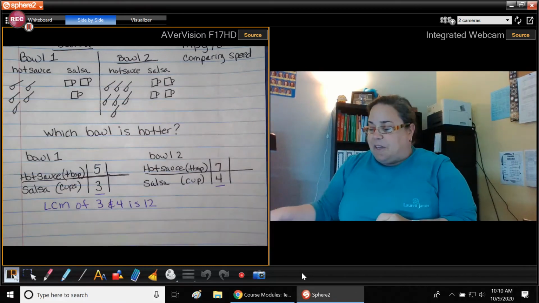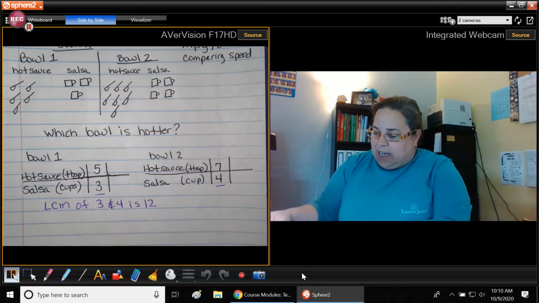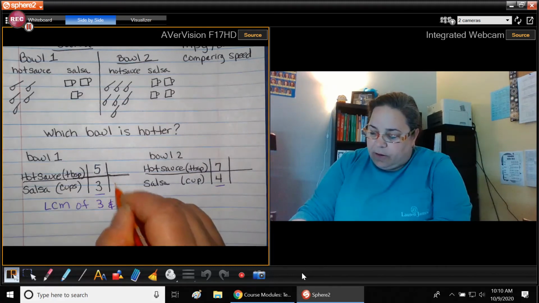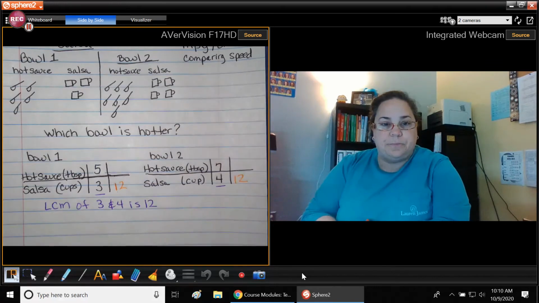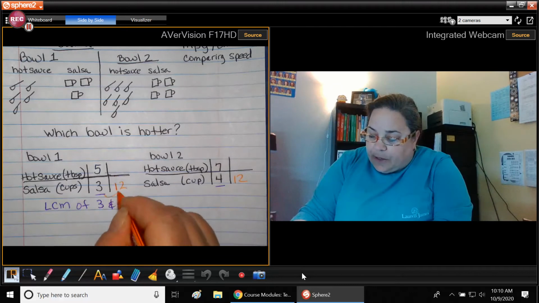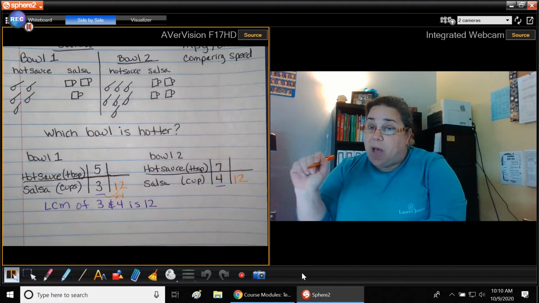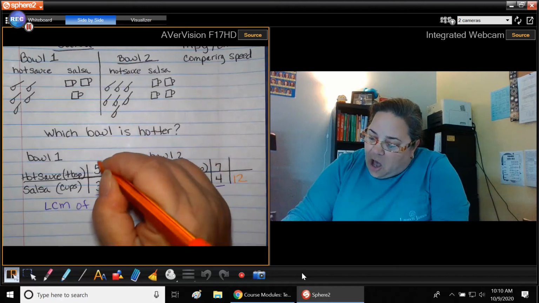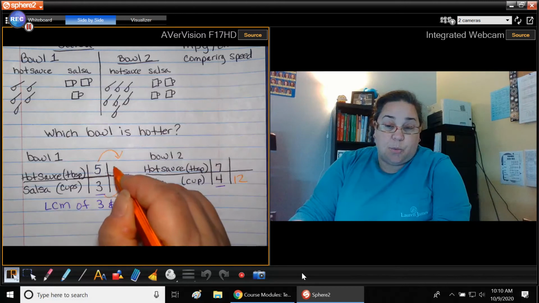And now I have to figure out, how do I get from 3, because I want to put a 12 here. How do I get from 3 to 12? I multiply times 4. And if I do it on the bottom, I do it on the top. So 5 times 4 is 20.